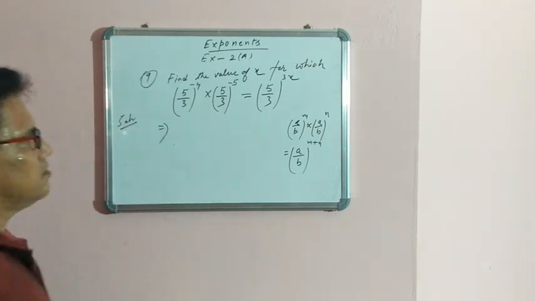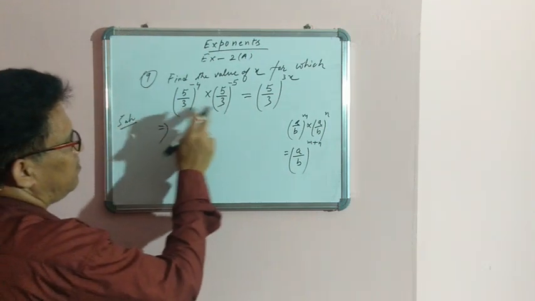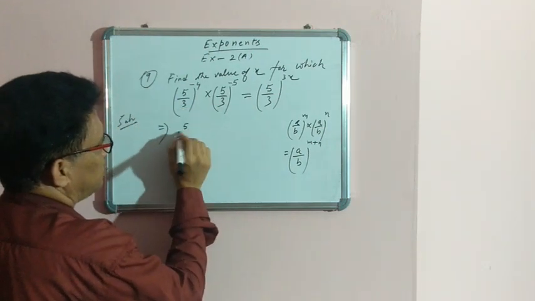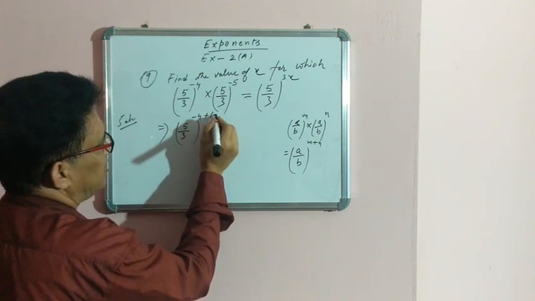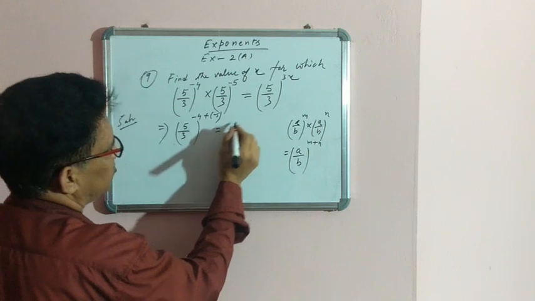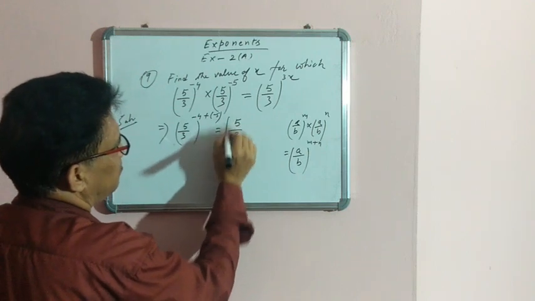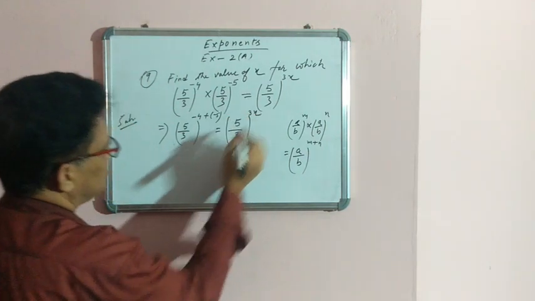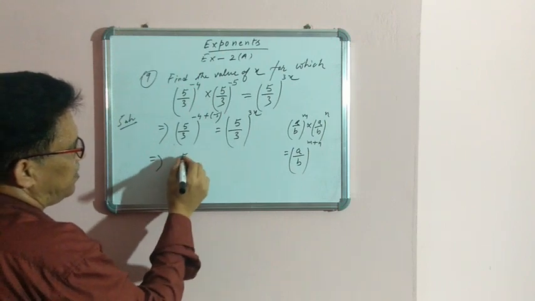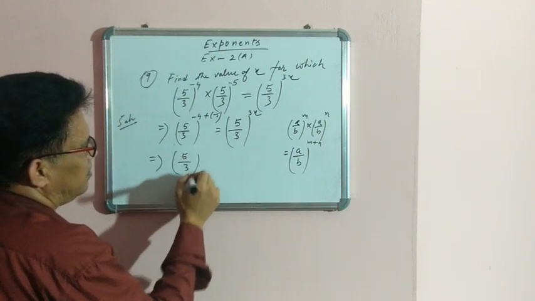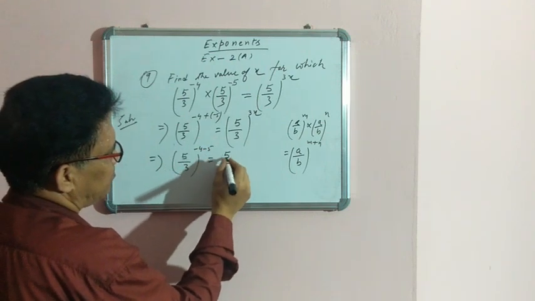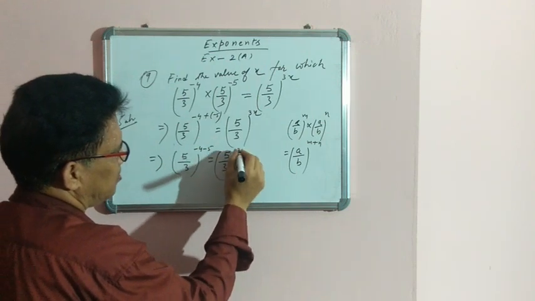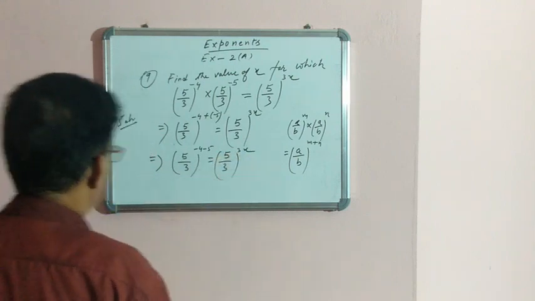That now we are using here. So 5 by 3 power minus 4 plus minus 5, that is equal to 5 by 3 power 3x. So 5 by 3 power minus 4 minus 5, 5 by 3 power 3x is there.